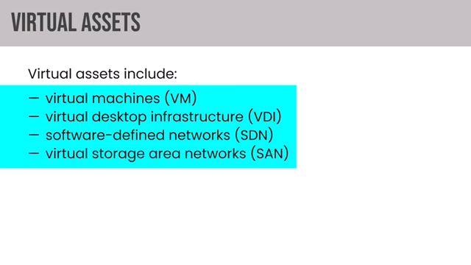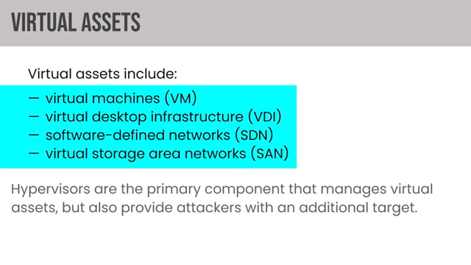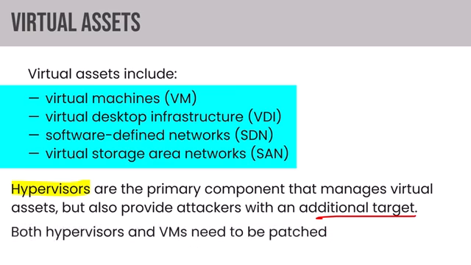Software-defined networks and virtual storage area networks are also included. These are all virtualization concepts. Hypervisors are the primary components that manage virtual assets, but also provide attackers with an additional target. So both hypervisors and the VMs that run on them need to be patched and secured. So we have our compute, our network, and our storage.